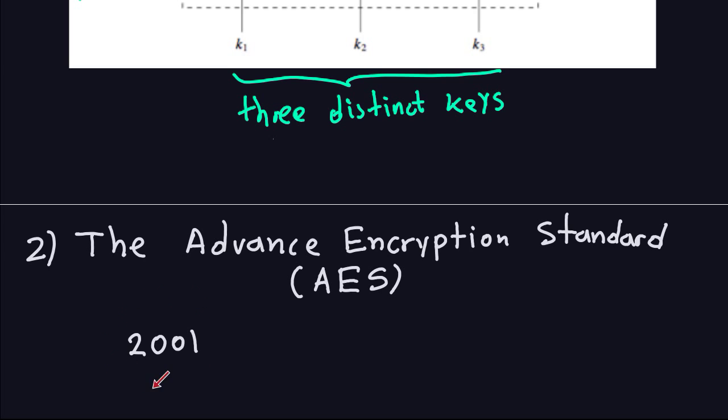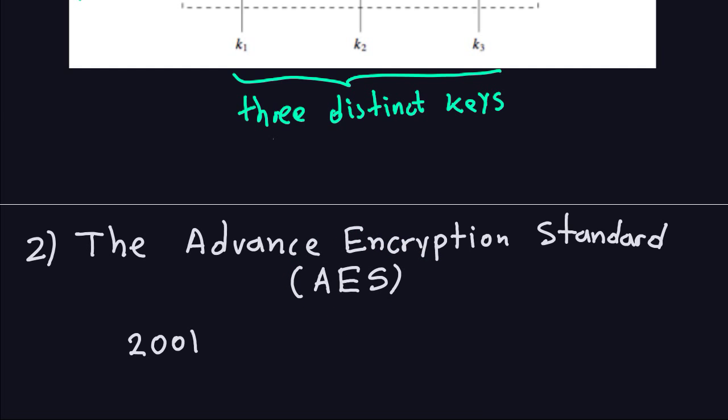It was kind of like a request from the U.S. government for a more secure standard for encryption, because DES had already been cracked, so there was a need for another standard. This new standard, the Advanced Encryption Standard, is used today. It is secure so far.